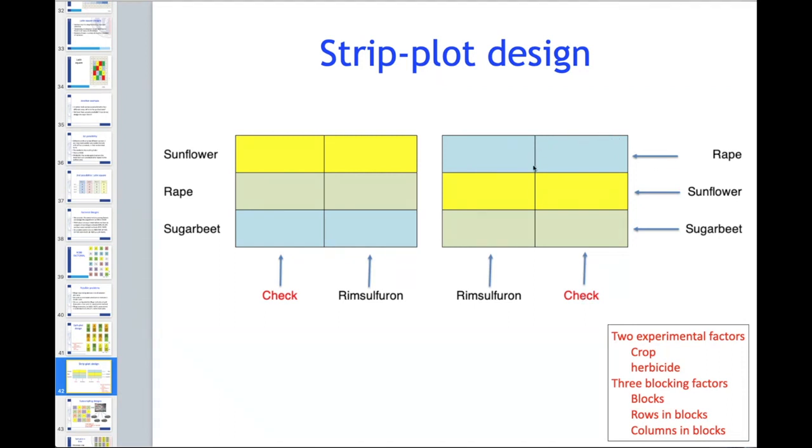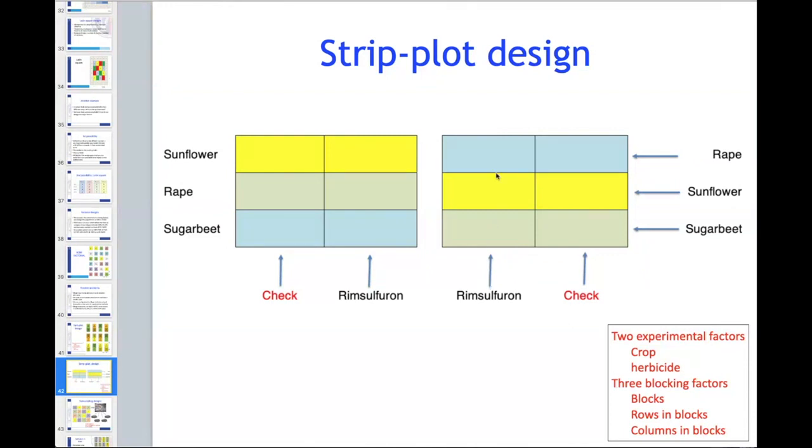Instead of considering the small plots here and treating them independently, we do a different thing. It is very handy to sow along the row here so that we can sow 2 plots at the same time and spray the herbicide along the columns so that we can spray 3 plots at the time.